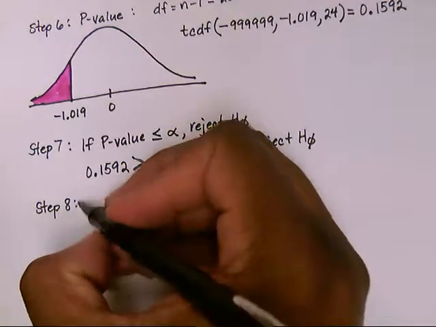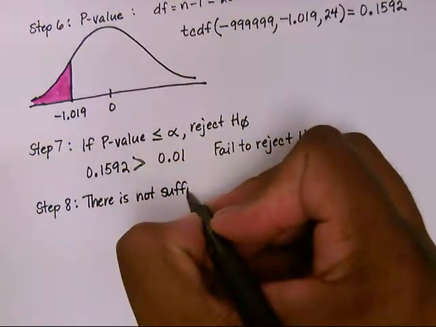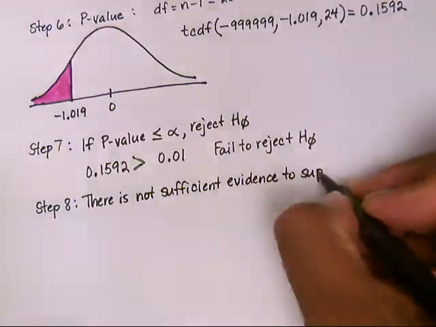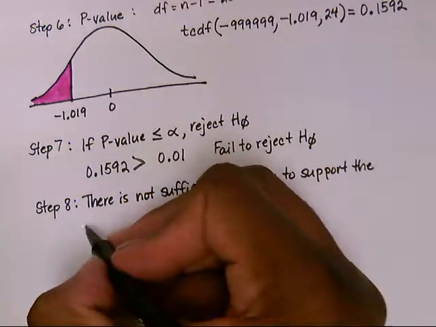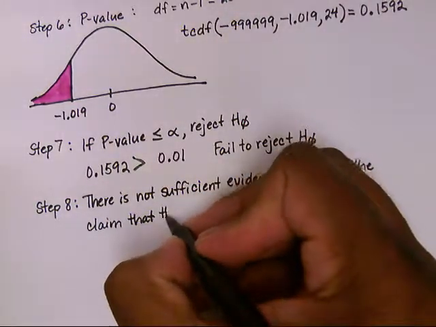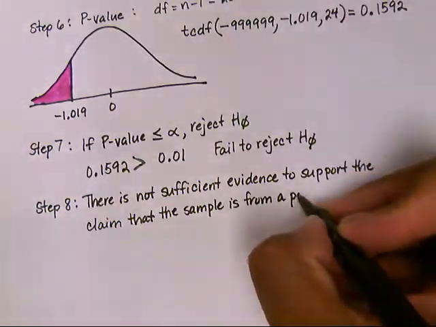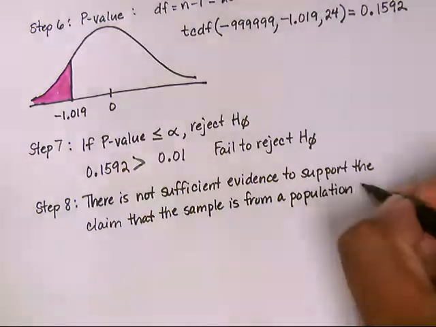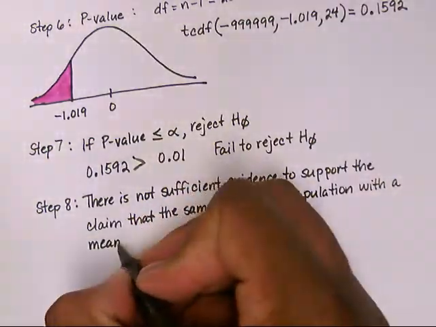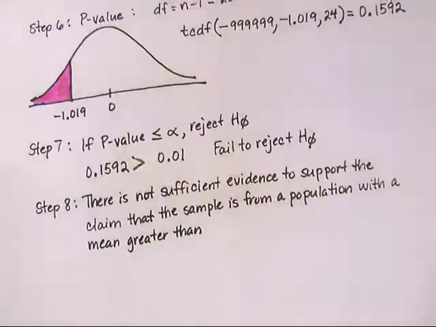Okay, so our conclusion will be this. There is not sufficient evidence to support the claim that the sample is from a population with a mean not greater than, less than.